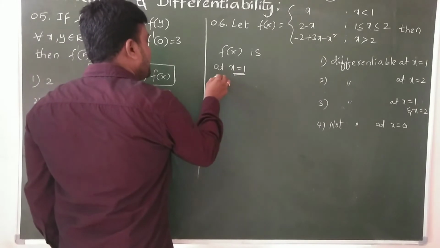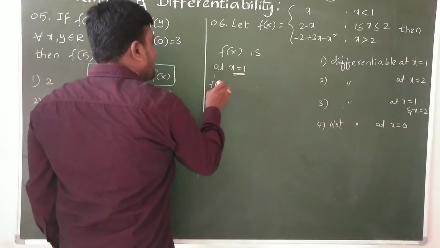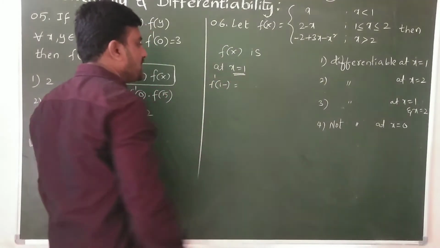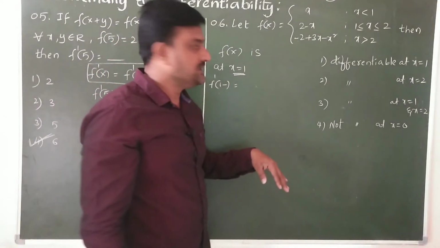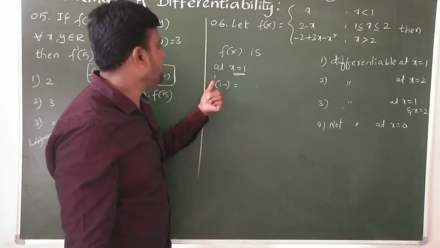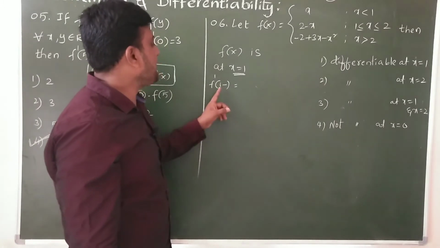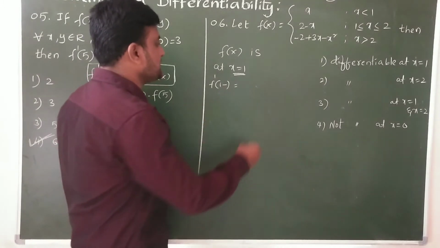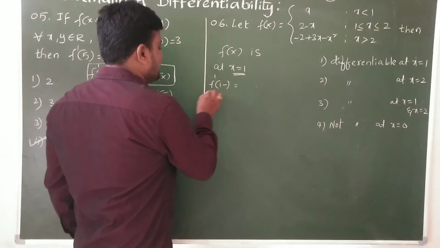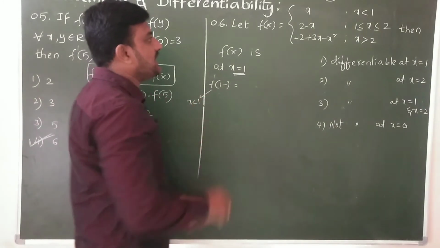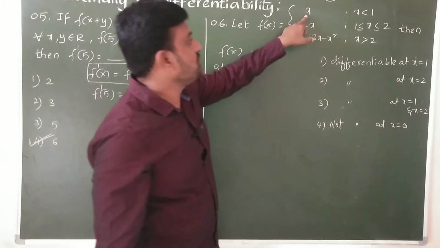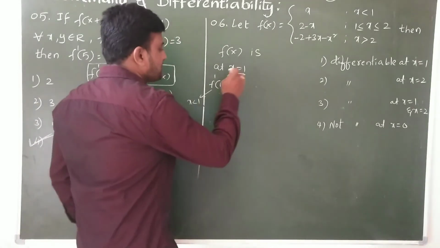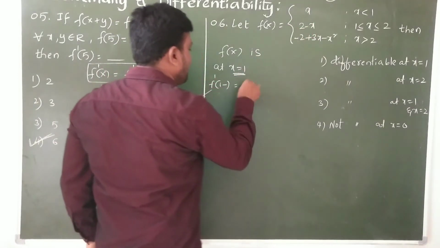Let's check f dash of 1 minus. You can find the left and right limits. Okay. f dash of 1 minus means x less than 1. When x less than 1, the function is x. So the differentiation of x is 1.